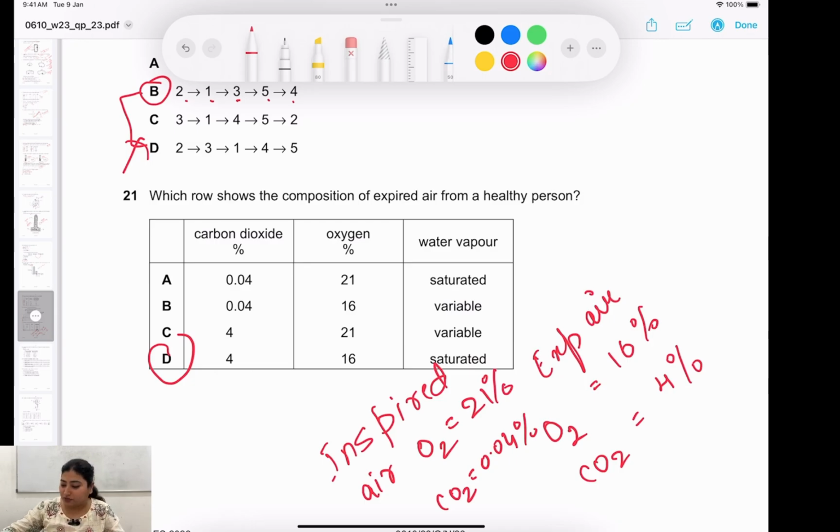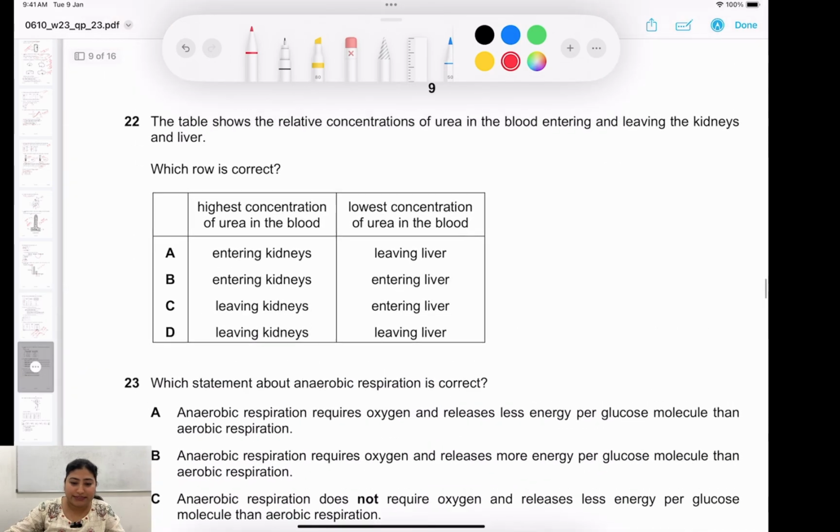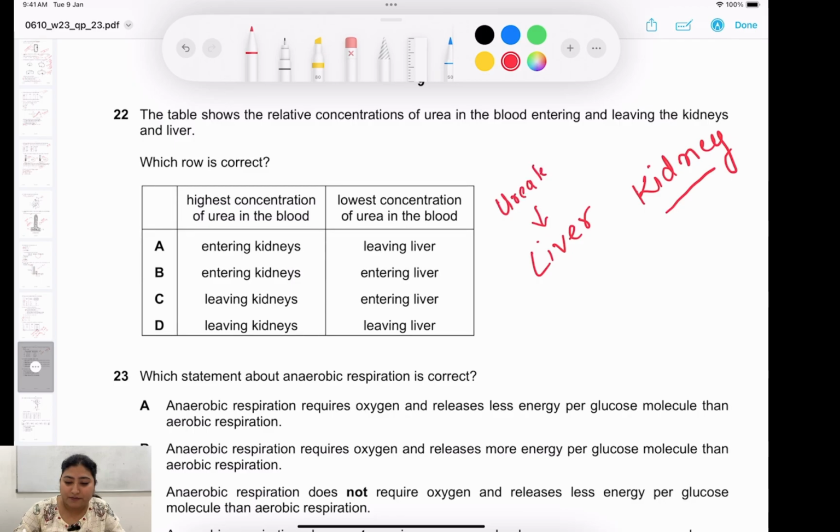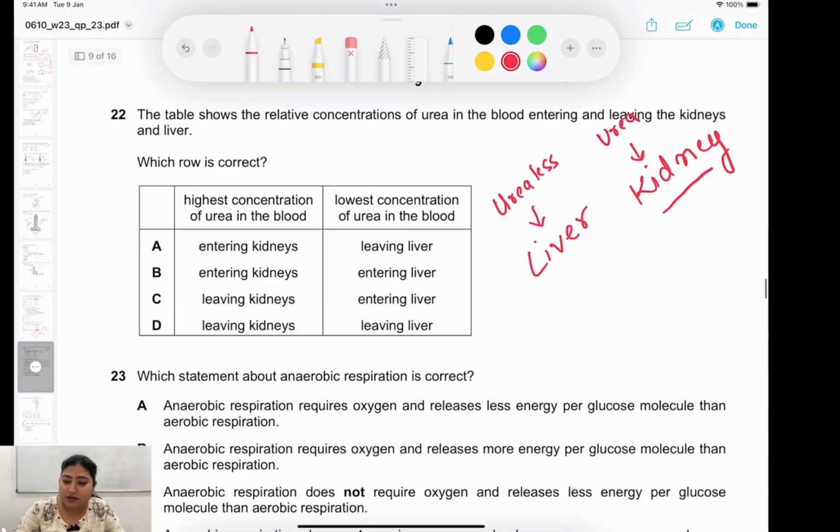Okay. Now let's move to question number 22. The table shows relative concentrations of urea in the blood entering and leaving the kidney and the liver. Which row is correct? As I can tell you, we are keeping two organs here: one is the kidney and one is the liver. Okay. So when the blood is going to be received in the liver, the urea concentration is going to be less. And when the blood is going to be received by the kidneys, the urea concentration is going to be more.